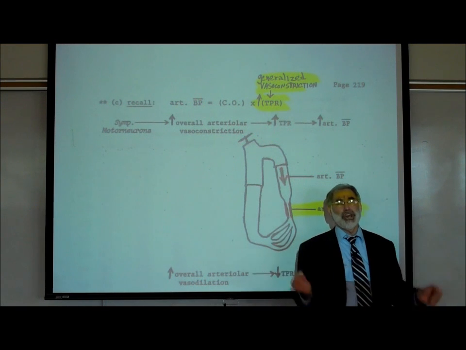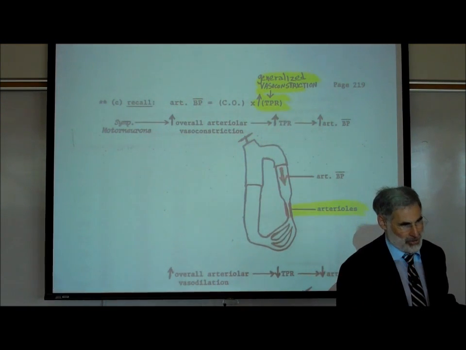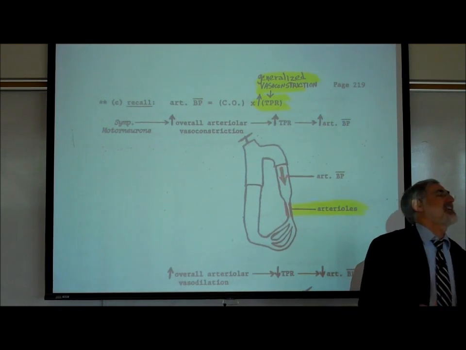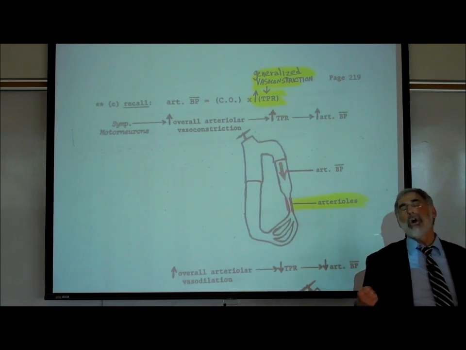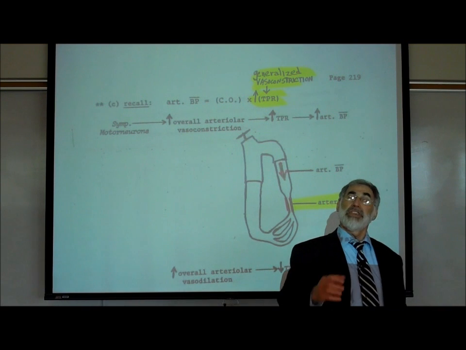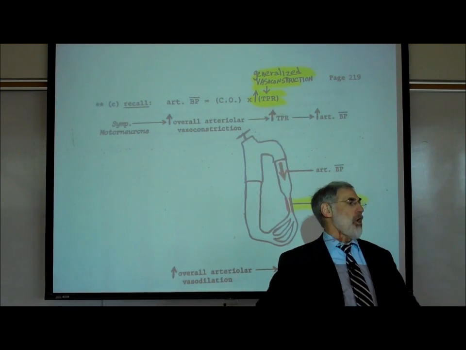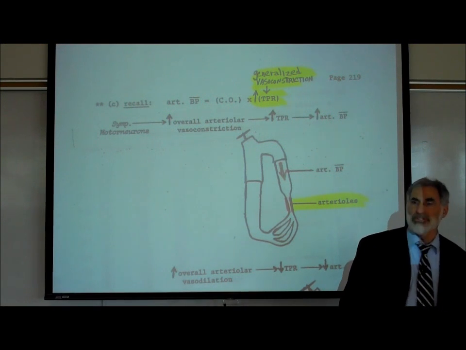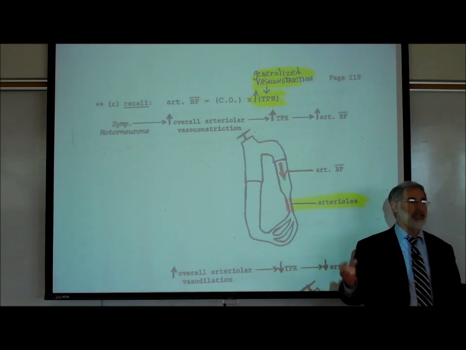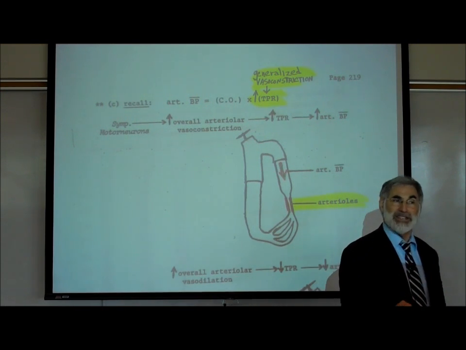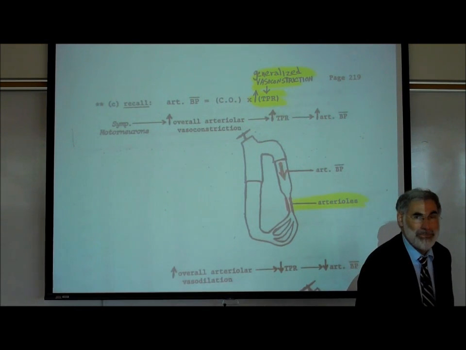We know there's generalized vasoconstriction. The vessels through our GI tract constrict. The vessels to our kidneys constrict. The vessels through most parts of our body constrict. The exceptions are the heart and skeletal muscle. They dilate. But all the other vessels everywhere else constrict. Generalized vasoconstriction. Didn't we also learn that during a stress state, what happens to your blood pressure?